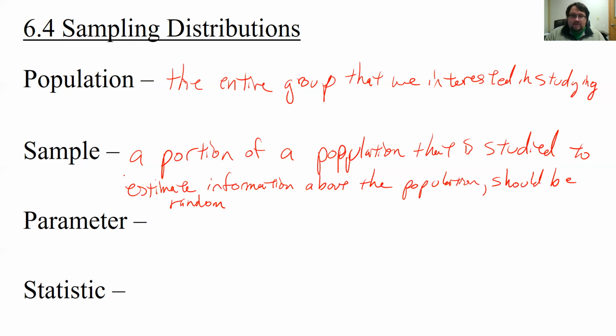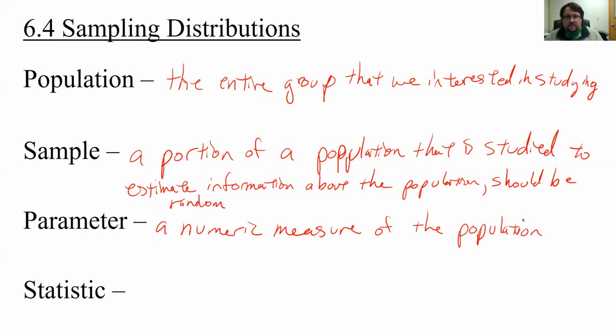A parameter, this is a numeric measure of the population. And on the next slide, we'll talk about some examples of parameters, but parameters refer to things about the whole population, some numeric number about the population.